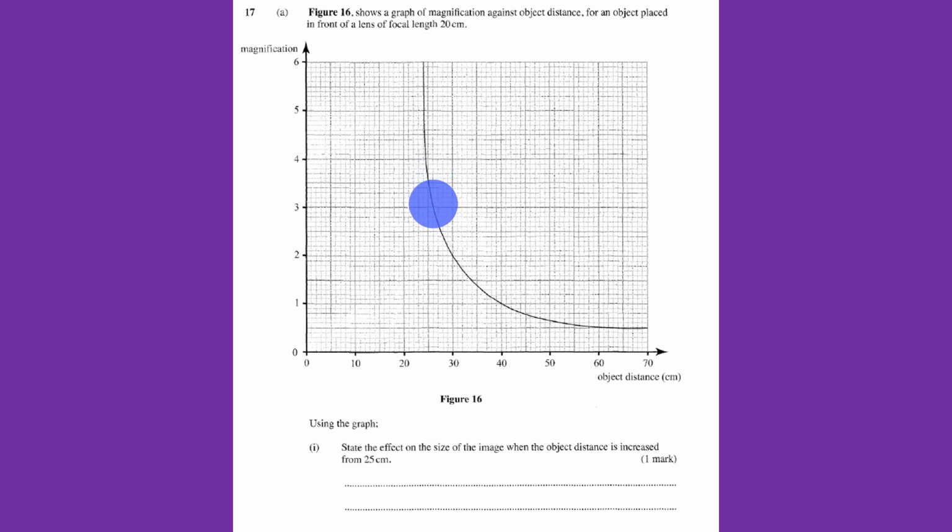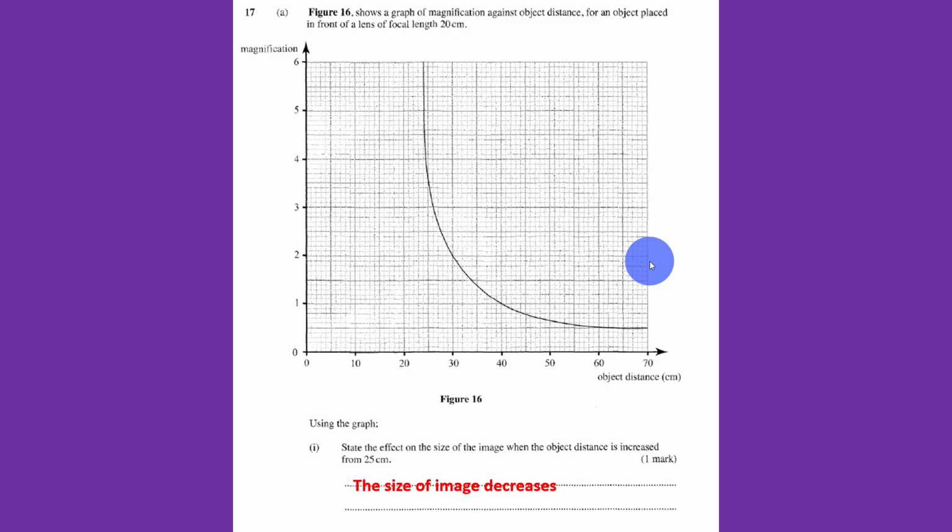You can see that the magnification reduces. Actually, the magnification is going to reduce as we increase the object distance. So the size of the image is decreased. Why? Because the magnification is reducing. Remember, magnification is the ratio of the size of the image to the size of the object.